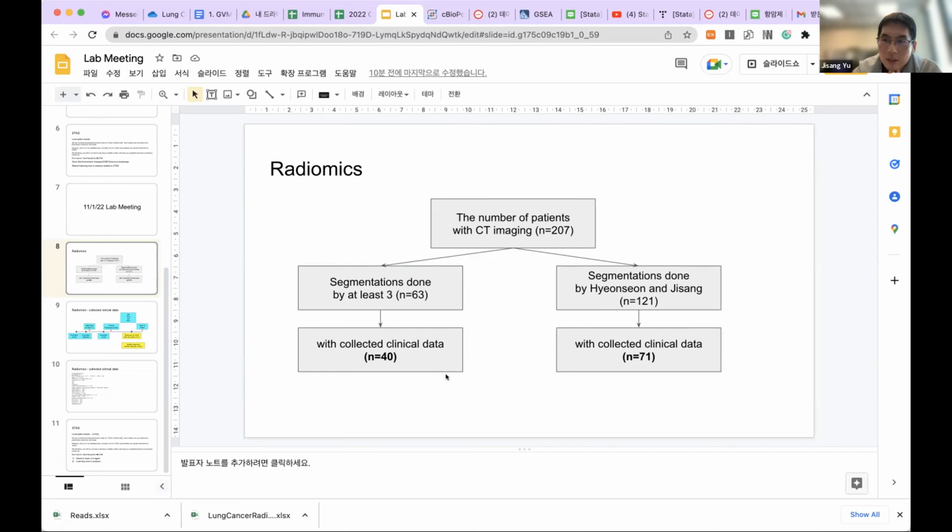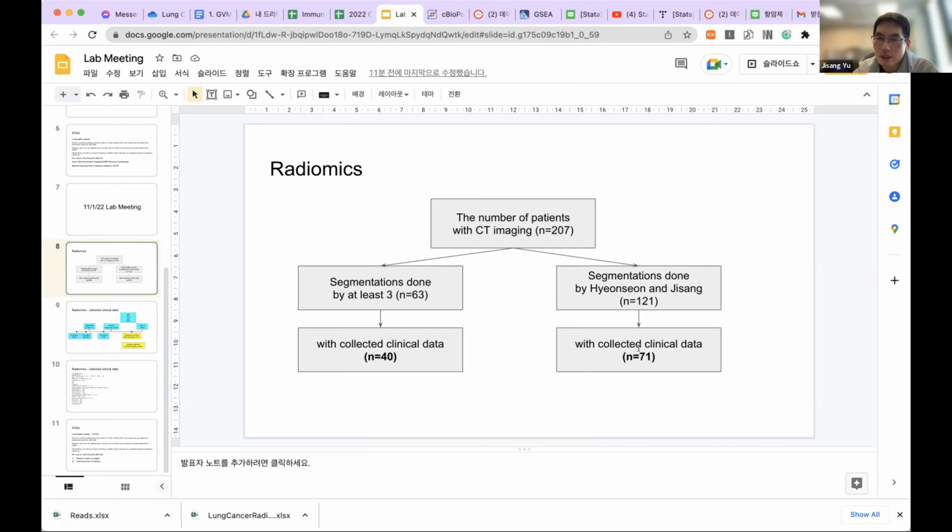For the fellows under Dr. Yuri, I don't think they have done all the segmentation, so I sorted them by only 2-person segmentation, and then the number is 121.